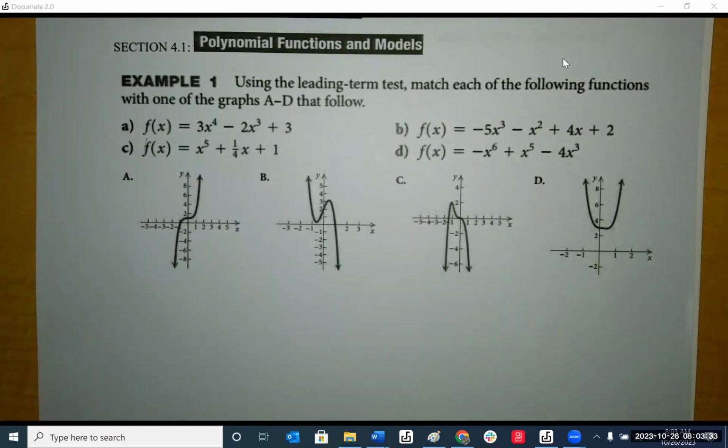With as fast as you're writing stuff down, I can tell that you don't remember what we did Tuesday. What do you look at to tell what the graph's going to look like? From class Monday, what do you look for to determine what the graph's going to look like? The degree.